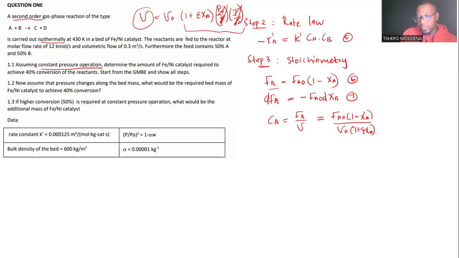This is still the concentration of A. But now again, if you have a look at this flow rate divided by volume, this will definitely give us a concentration of A0. Okay, it will give us the concentration of A0, or we can leave it like this. It really does not matter because we do have the initial molar flow rate for both species in total, and we do have the volumetric flow rate.